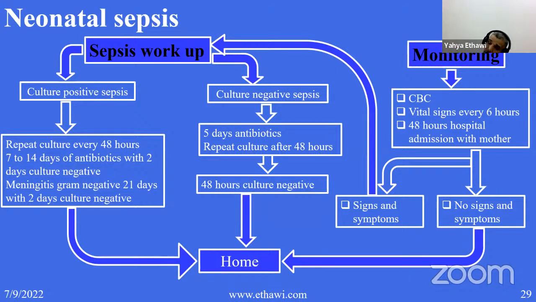If after 4 days of antibiotics you have 2 cultures negative, you're probably dealing with symptoms not related to infection. So you have to find a PDA, a cardiac problem, lung hypoplasia, pulmonary hypertension, hypoglycemia. You have something else other than infection.